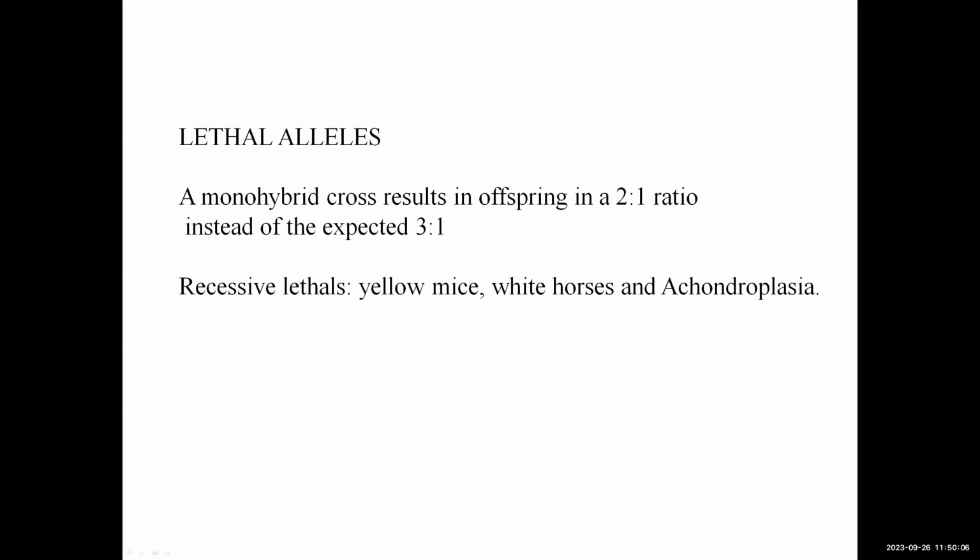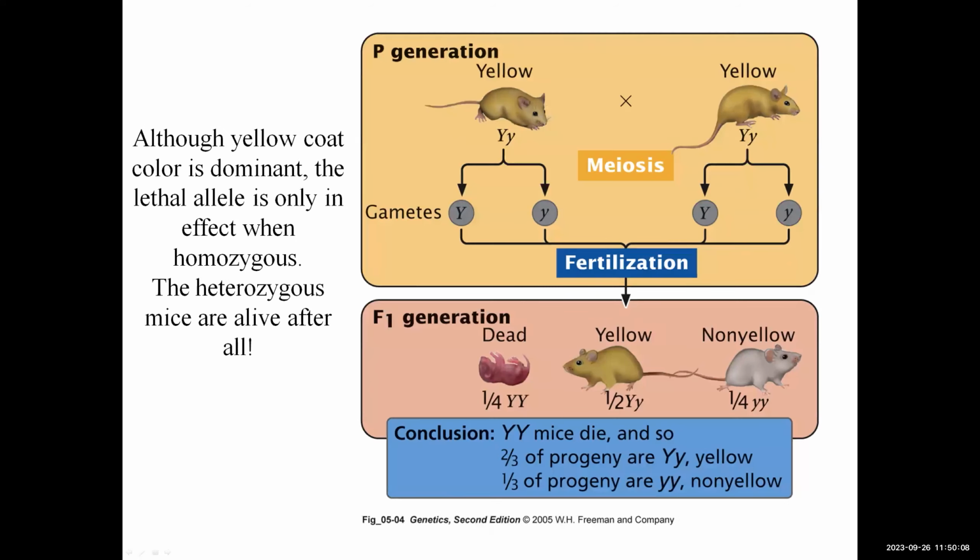For example, in the yellow coat color, if we start with two individuals who have yellow coats, they have to be heterozygous. When we cross these two individuals together, we get half of the individuals having yellow coats, a quarter of them being white, and a quarter of them being dead.